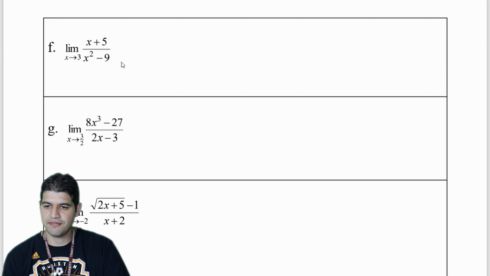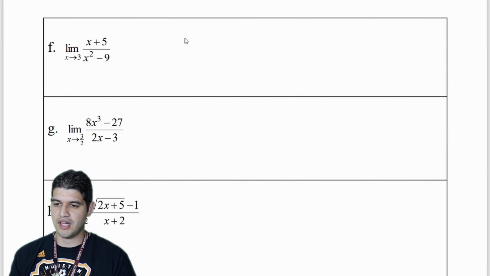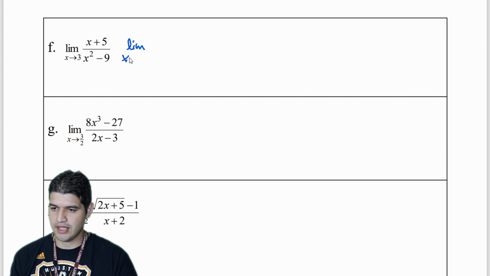Okay, in part F, we have x plus 5 over x squared minus 9. Well, that can get factored, so let's write that out. The limit as x approaches 3 of x plus 5, and then in my denominator, I have x plus 3 and x minus 3.